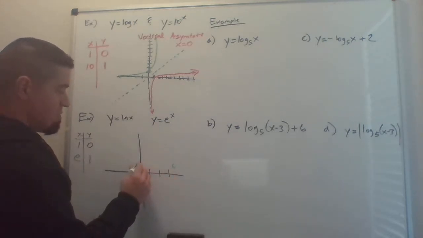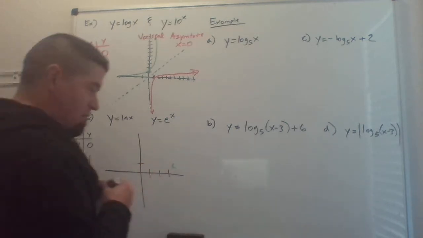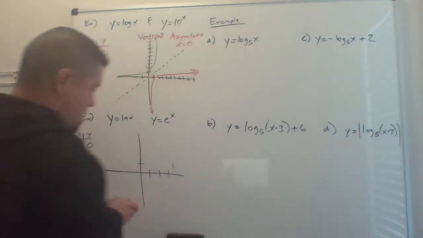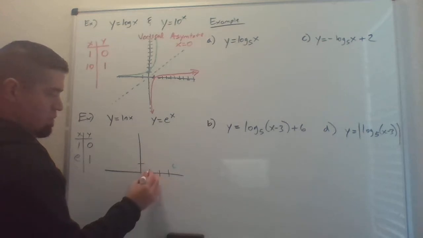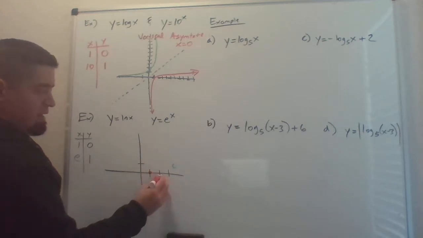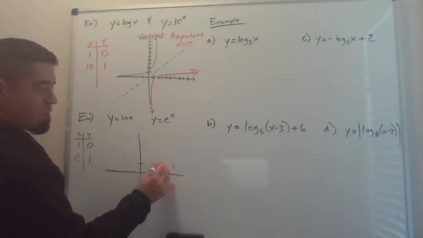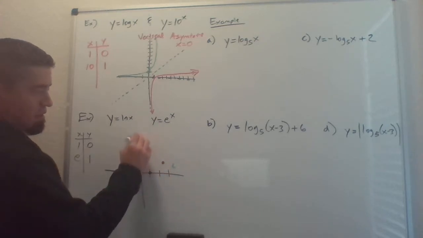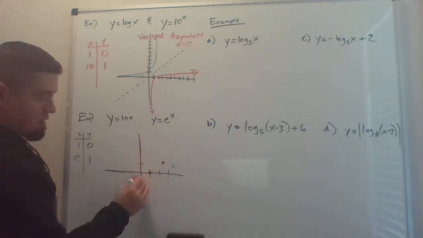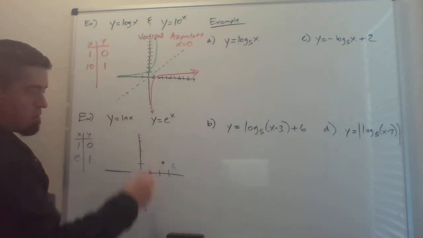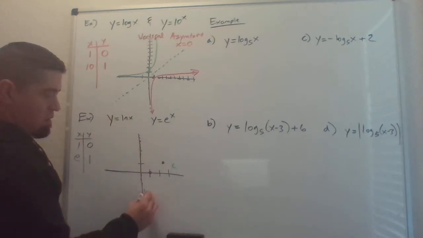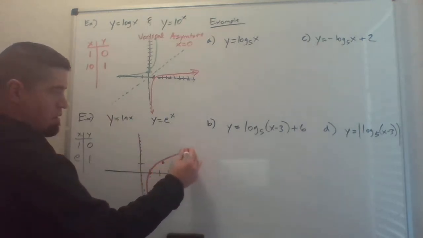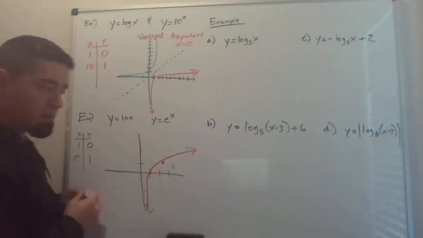Remember, e is about 2.71. So we'll put the first point, 1, 0, and then e is about 2.71, 1. And with the knowledge that there's a vertical asymptote at 0 for all logarithms, there's my graph of my logarithm.